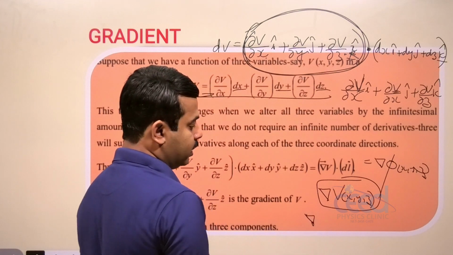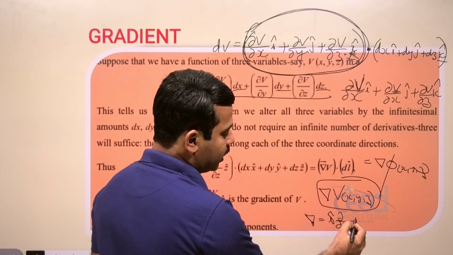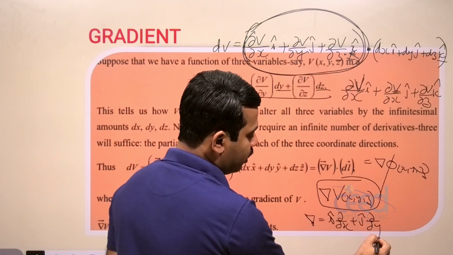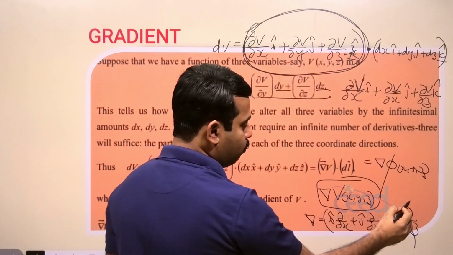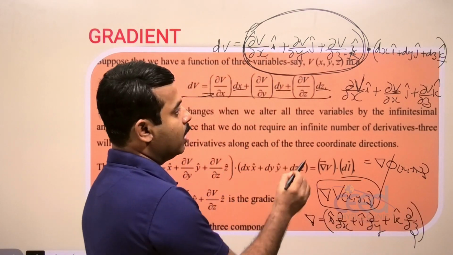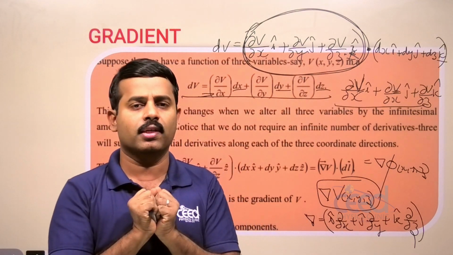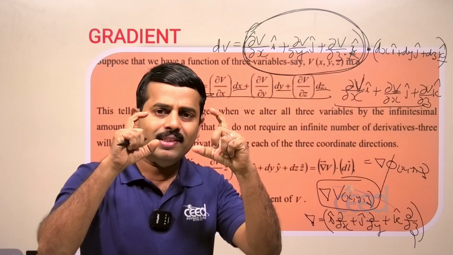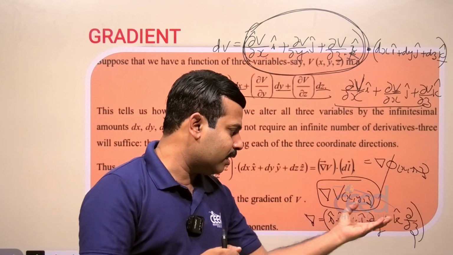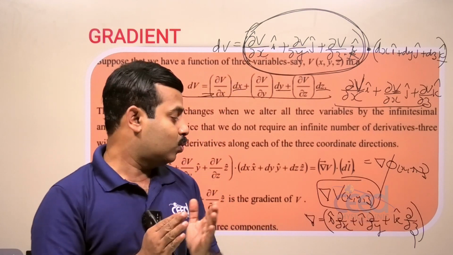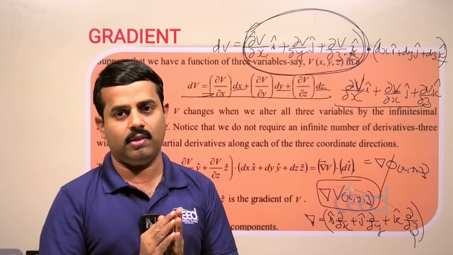Then let me think about the operator del alone. How do we write it? It is equal to i cap dou by dou x plus j cap dou by dou y plus k cap dou by dou z. If you multiply this with v, then only it becomes the gradient. So this is an operator, and it represents finding the variation of a particular physical quantity in different directions.